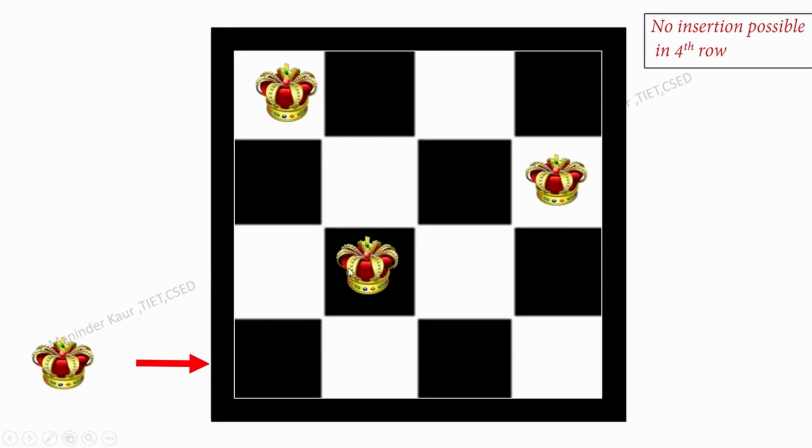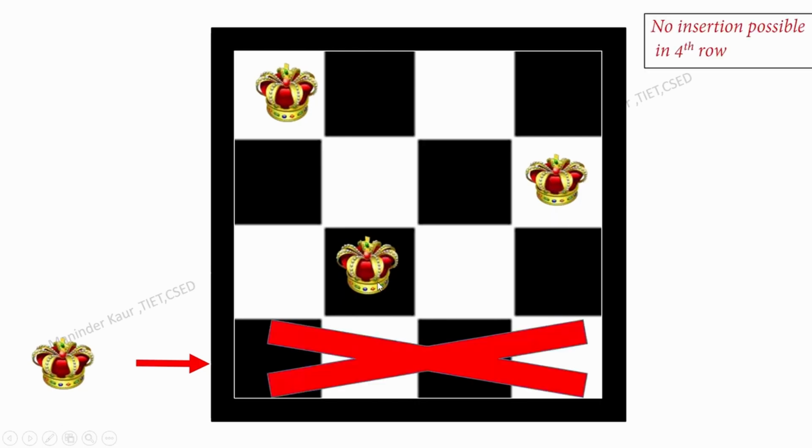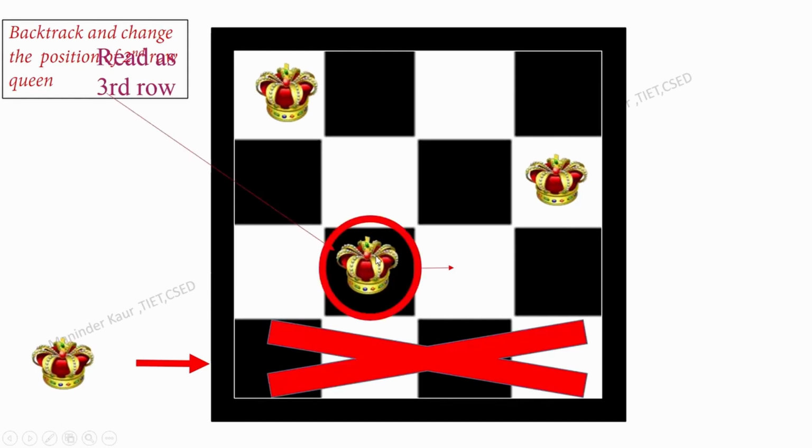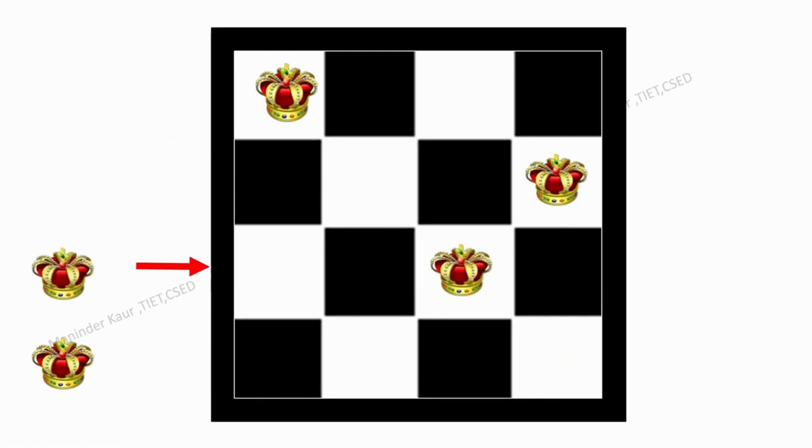That means the previous one is not the appropriate position. We'll do the backtracking and try to change the position of the third row queen. Now when we are changing the position of the third row queen, we try to position the queen in this position.